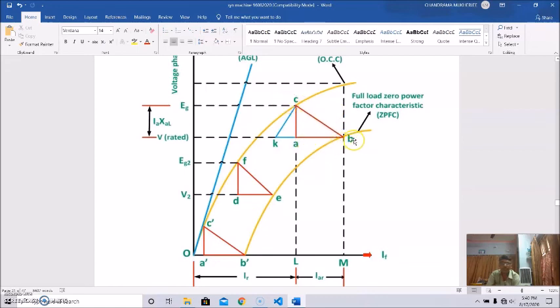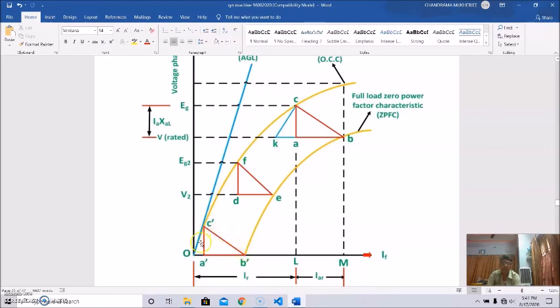And if you move along this ZPFC, keeping this AB parallel with the horizontal line, for a corresponding rated voltage B2, you will get this FD as the new ZPF Portier triangle, and F is the corresponding generated voltage EG2. In this way, when B comes to the point B dash, this is the limiting position, the short circuit condition.